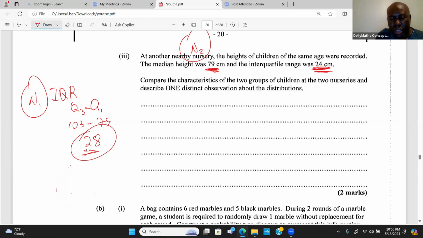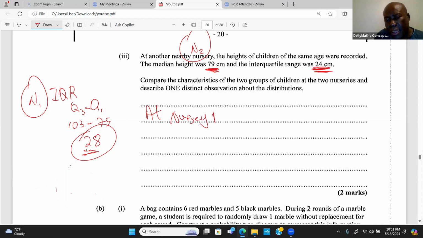All right. So what we want to do here is, at nursery, I'm going to put my nursery 1, which is the original one.